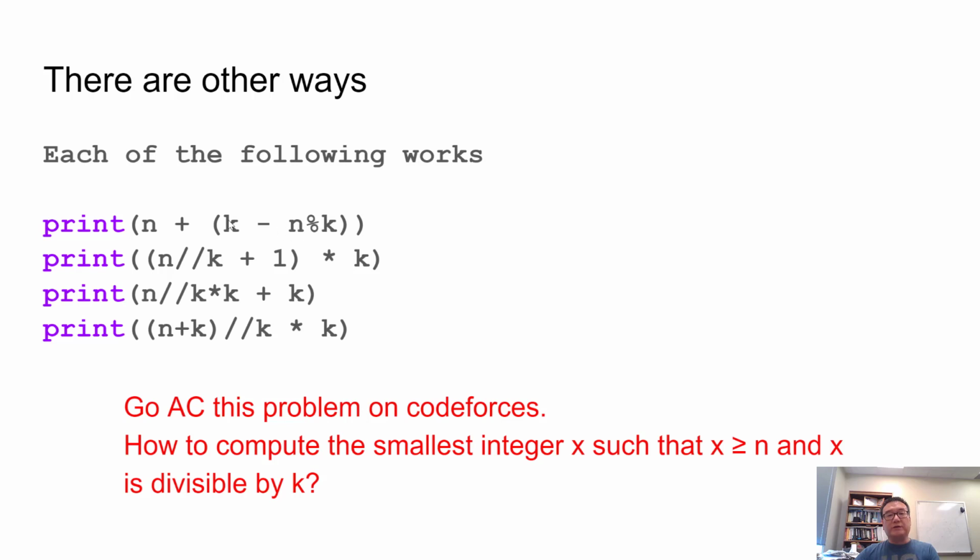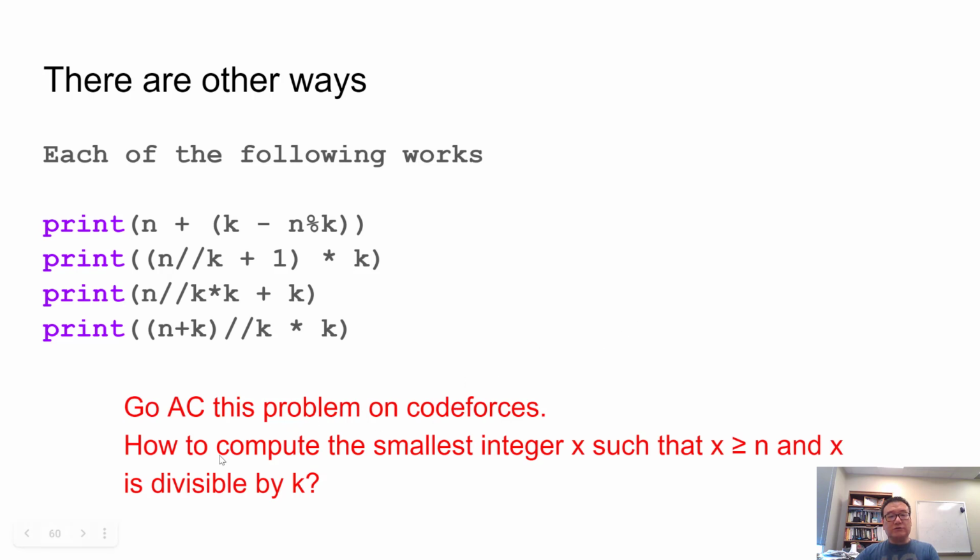If the remainder is 2, I need to add k minus 2. If the remainder is 0, that means n is a multiple of k, I need to add k. So it turns out the number I need to add is exactly k minus the remainder of n divided by k, n mod k. So I think you can see why they are essentially all equivalent, doing the same thing using slightly different syntax.